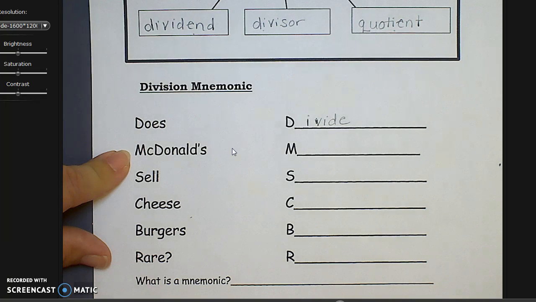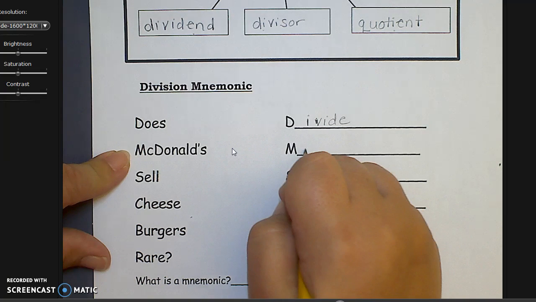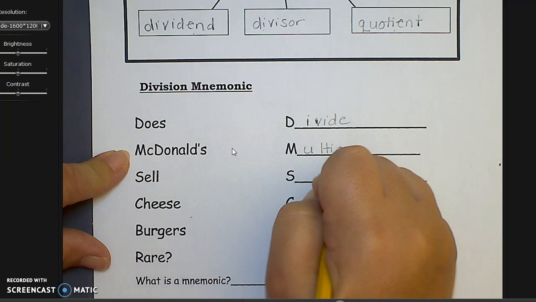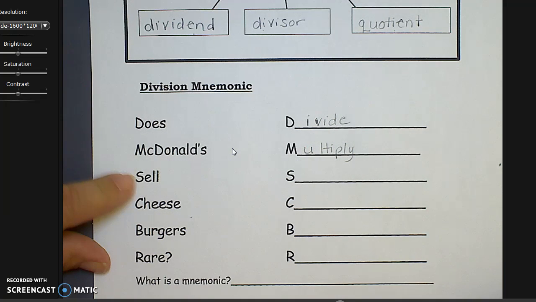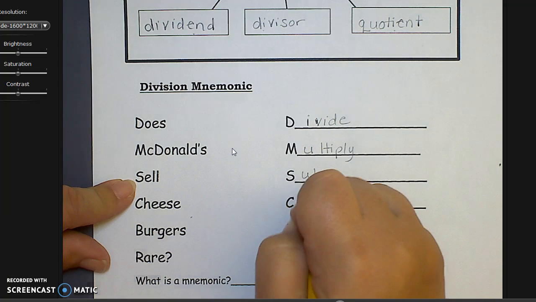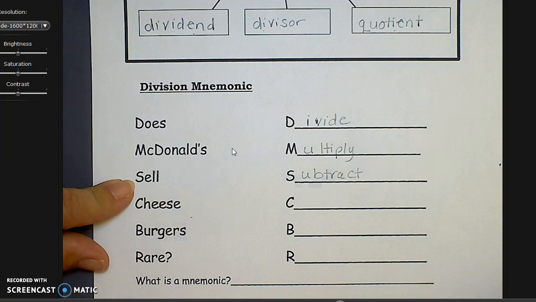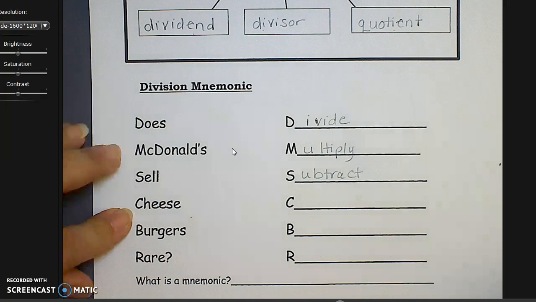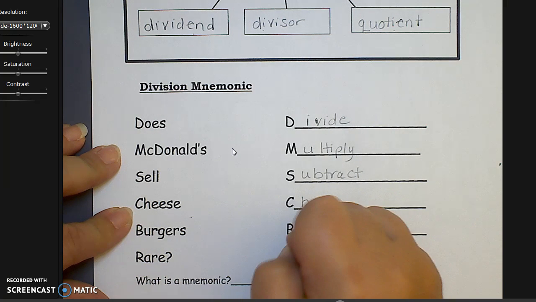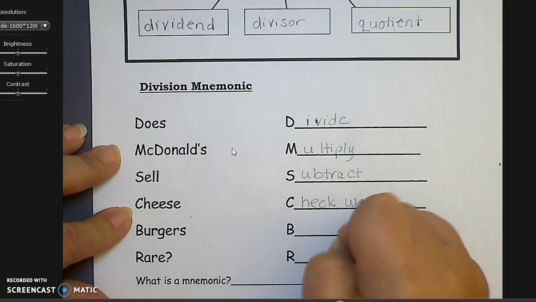The next step would be for the M, which means multiply. Does McDonald's sell? The S means then you subtract. The C in cheese means to check your work. Check work.